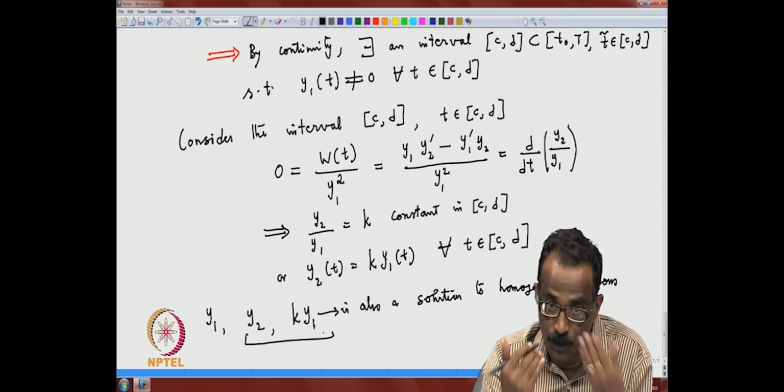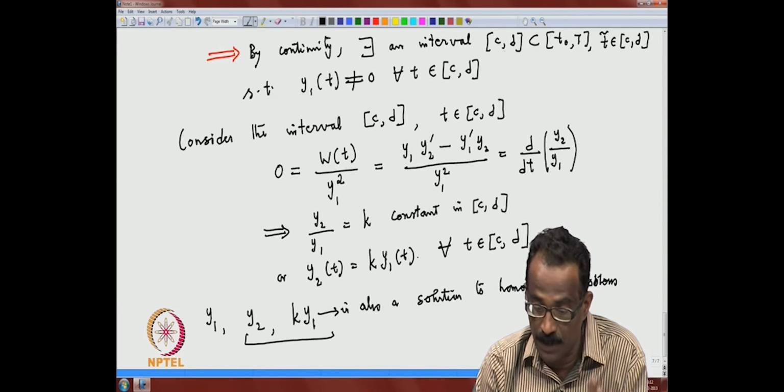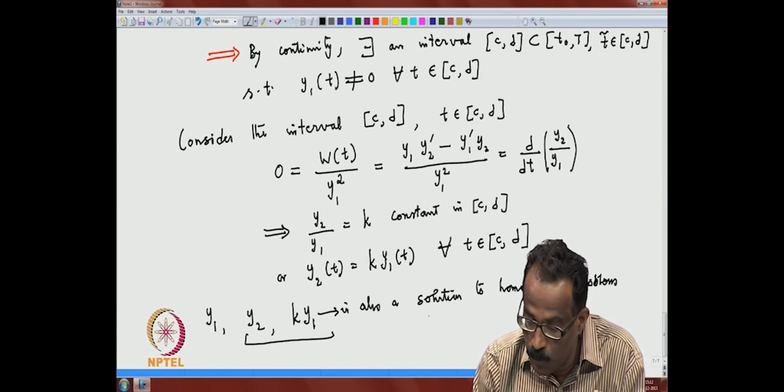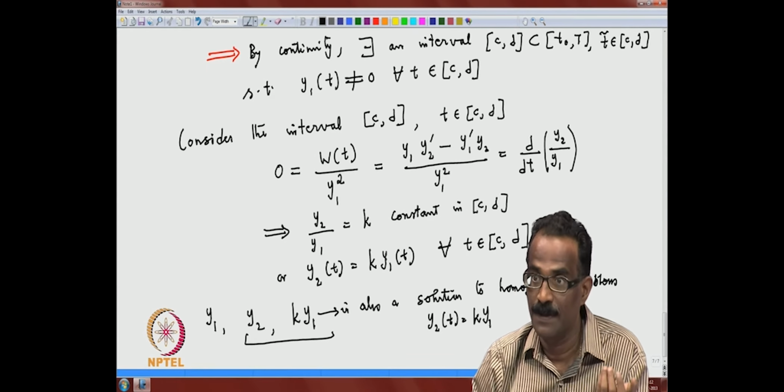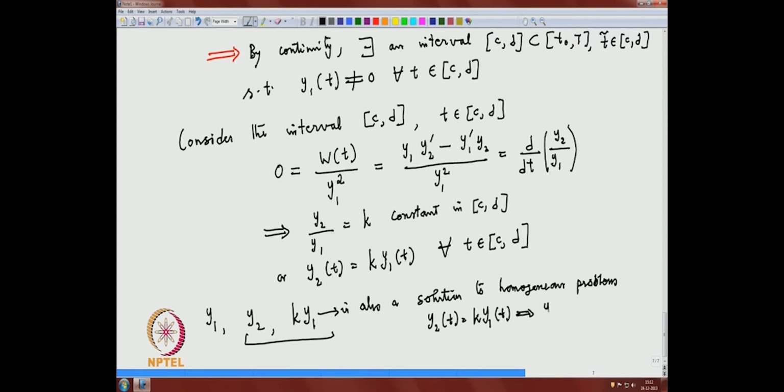Repeat that: y2(t) is equal to k y1(t) in CD. That implies in particular y2 at C, any point you can fix, is equal to k y1 at C.